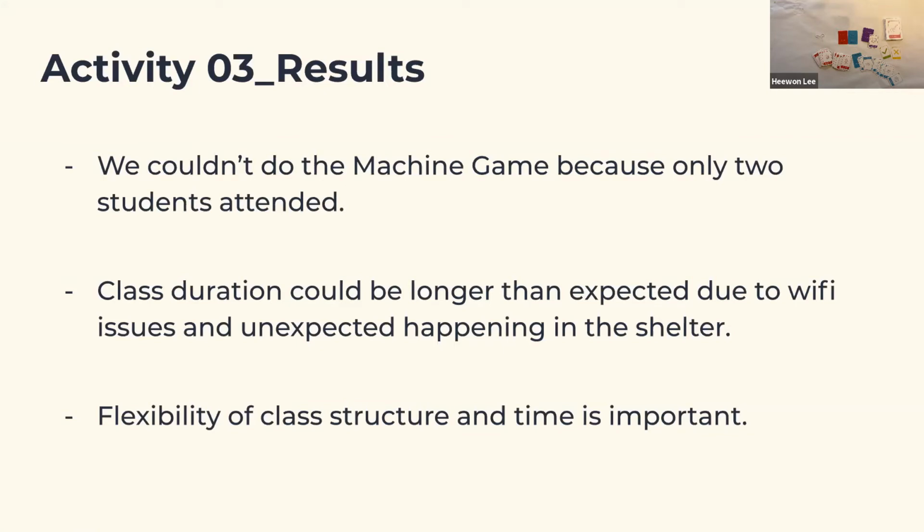Secondly, in the create phase, students needed more time to create their tools than we expected. So class duration could be longer than you expect, and flexibility of time is also important.